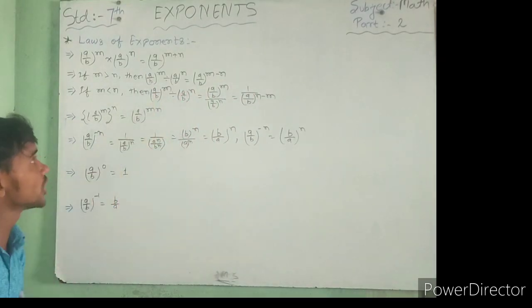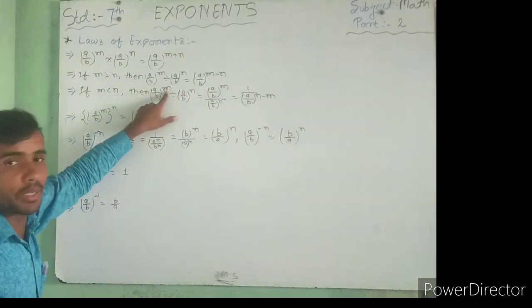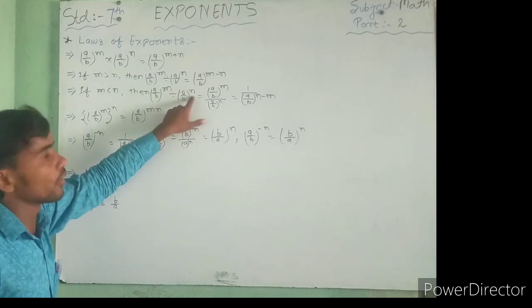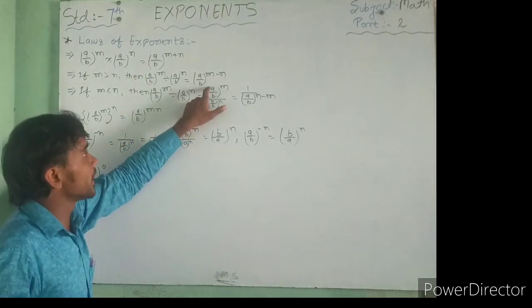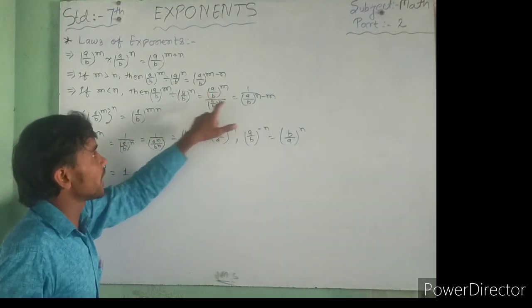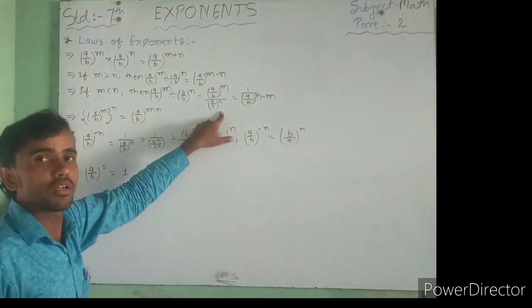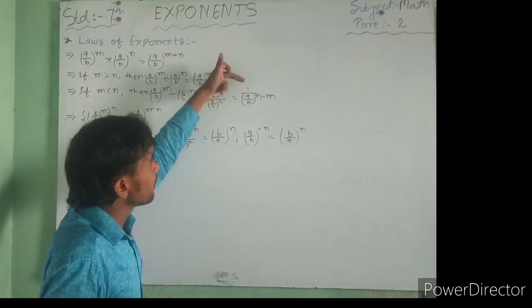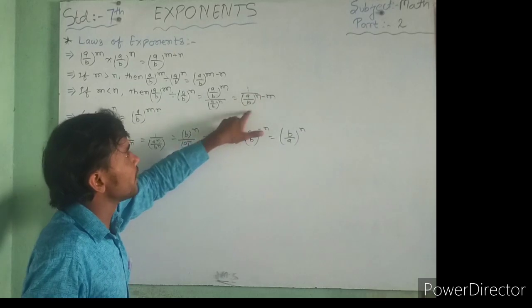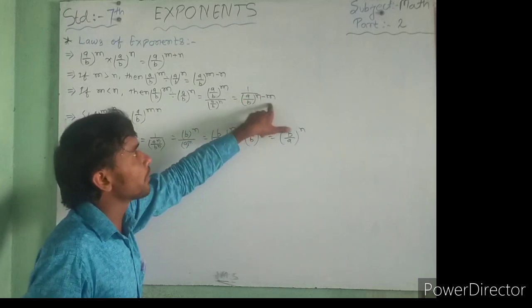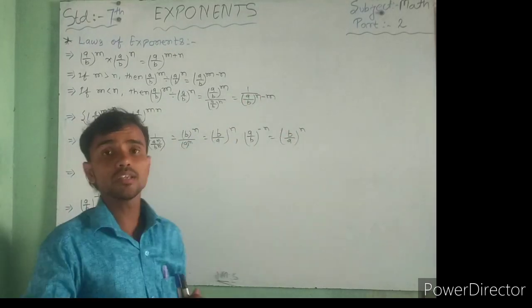So if any question comes with (a/b)^m divided by (a/b)^n, the answer is 1 divided by (a/b)^(n minus m).